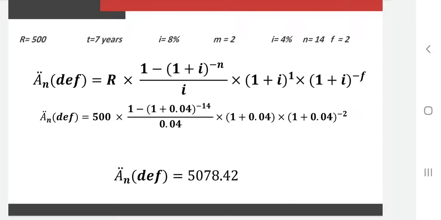In the formula of A double dot N deferred equals R times 1 minus 1 plus I to the power negative N over I, times 1 plus I to the power 1, times 1 plus I to the power negative F, A double dot N deferred will be equal to 5,078.42.